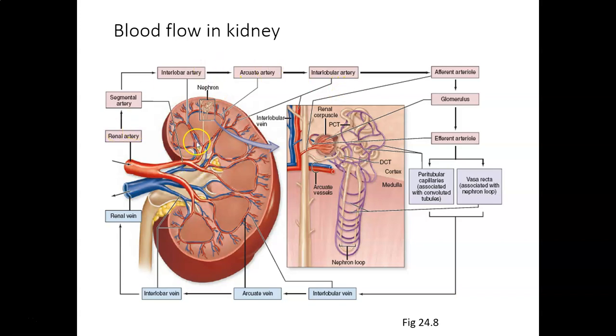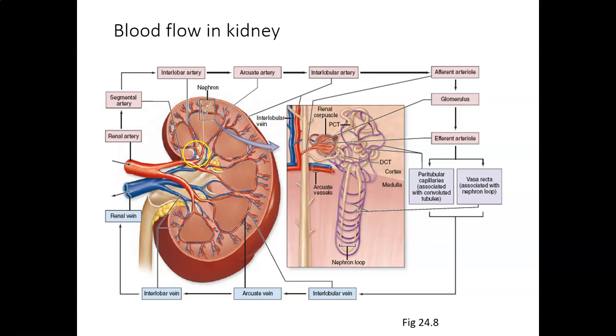The next one up is from the segmental artery going to the interlobar arteries. It's called interlobar because they travel between the pyramids. If you consider each one of them a lobe, then this will be between the lobes, so it's interlobar.